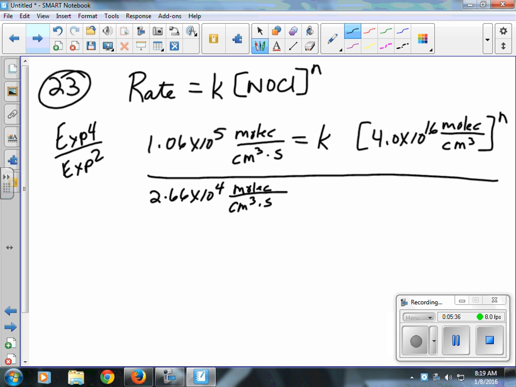And I should have put that in parentheses instead of square brackets. Concentration 2 times 10 to the 16th. K is the only thing that cancels here.